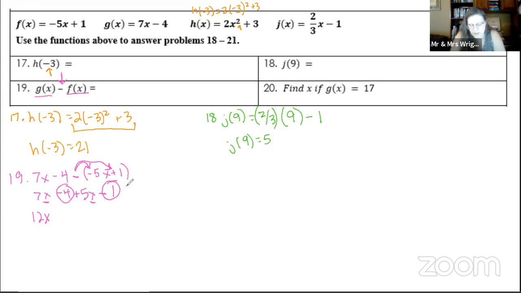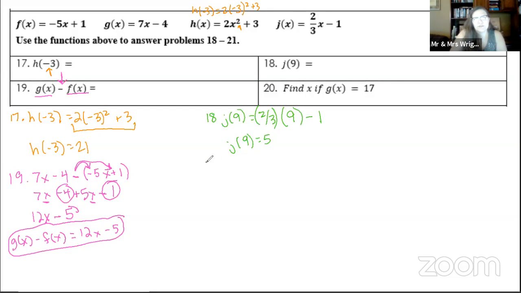Negative 4 plus negative 1 is negative 5. So negative 5. And so my answer is g of x minus f of x is 12x minus 5. That's how you would write that. And this is your final answer.